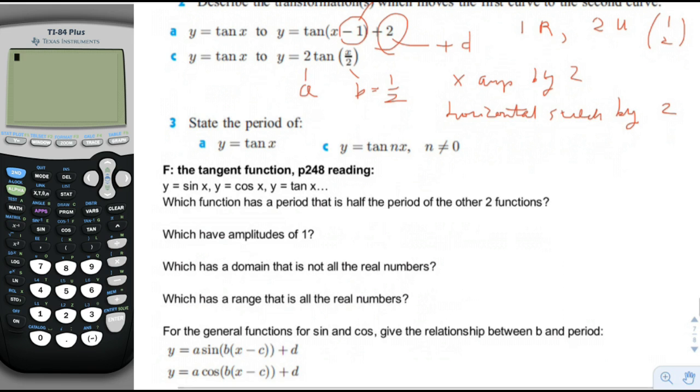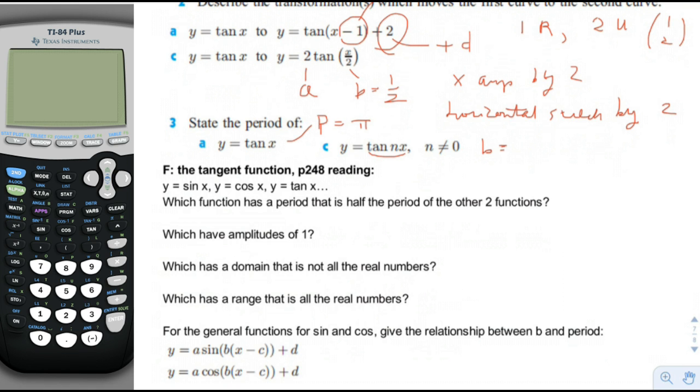Okay, number 3, state the period of y equals tangent of x and y equals tangent of nx, where n is not equal to 0. So y equals tangent of x, the period is simply pi. Remember that the period of tangent is pi. It's different than sine and cosine. The period of tangent nx would be, we're going to use the formula, and this formula is a little bit different than the formula we're used to, right?